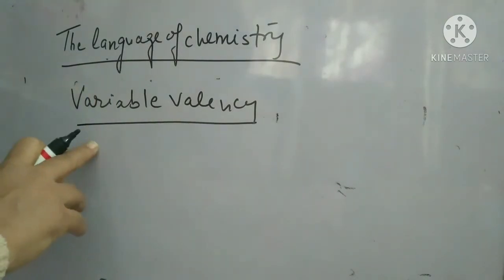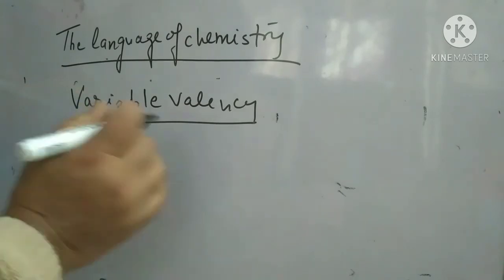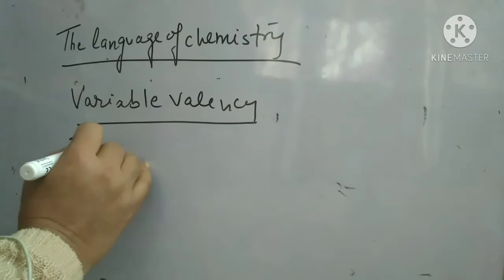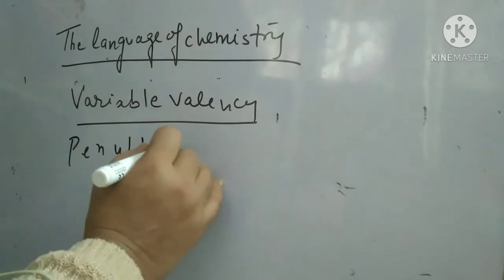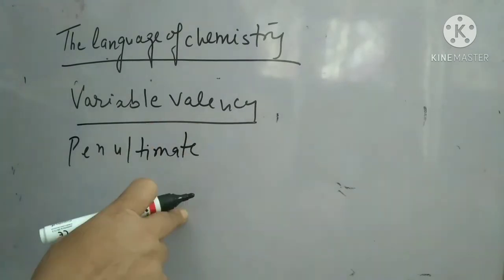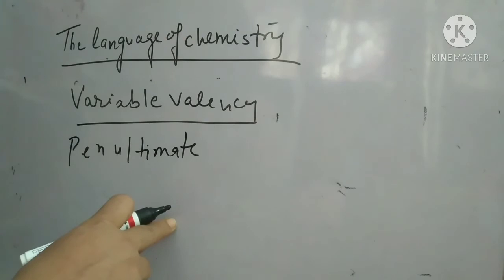An atom or an element can sometimes lose more electrons than are present in its valence shell. That is, it loses from the penultimate shell, before the last shell. So it exhibits more than one valency.